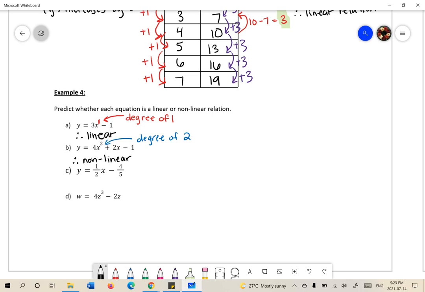See, the highest exponent here is 1. Therefore, we know that this is linear. And finally, the highest exponent in D is 3. Because it's greater than 1, we know that when graphed, this would not be linear.